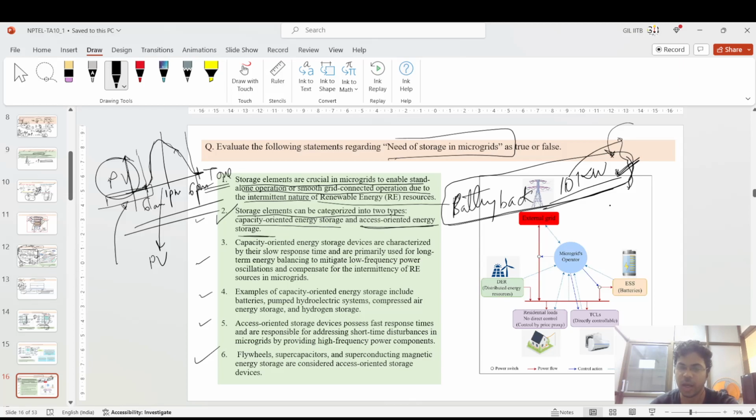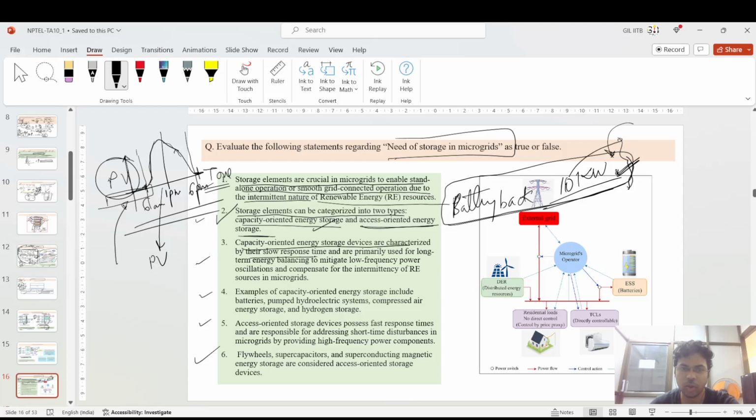Based upon the access, you can install this energy storage. Access in the sense that, suppose you have a microgrid, you have energy storage there. Suppose you have certain substations, base stations, you can also install access oriented storage. And these are the two types: based upon the accessibility and the capacity, you can categorize the storage system.